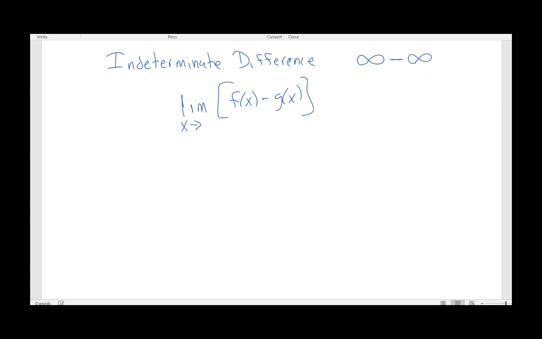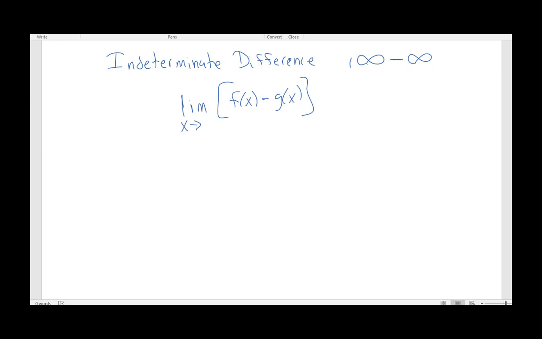I don't know how that behaves. If the first function goes to infinity faster, infinity minus whatever is infinity. If the second function goes to infinity faster, then whatever minus infinity is negative infinity. And if these go to infinity at about the same rate, I'm going to get 0 out of the difference. So this is an indeterminate difference.